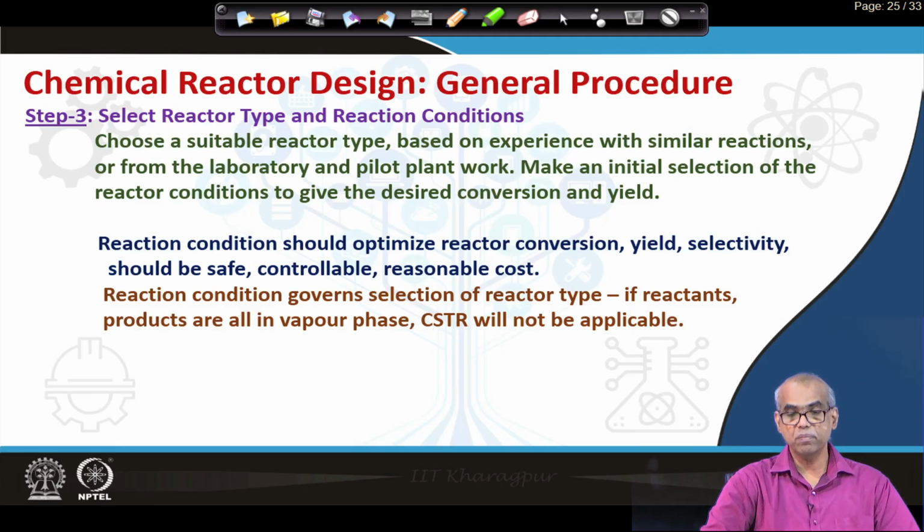Reaction conditions should optimize reactor conversion, yield, selectivity. Reaction conditions should be safe, controllable, and these conditions must be achieved at a reasonable cost. Reaction conditions govern selection of reactor type. For example, if reactants and products are all in vapor phase, the CSTR will not be chosen.